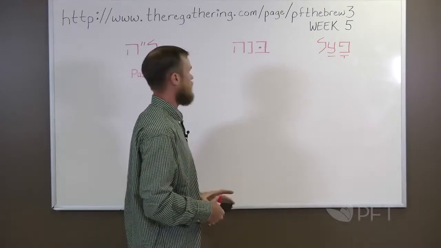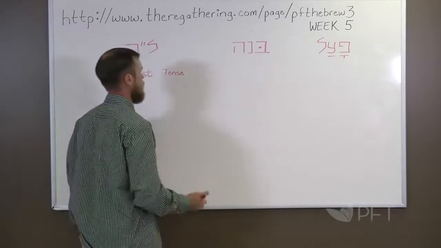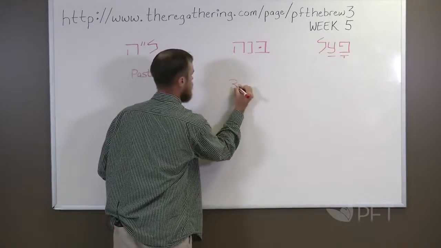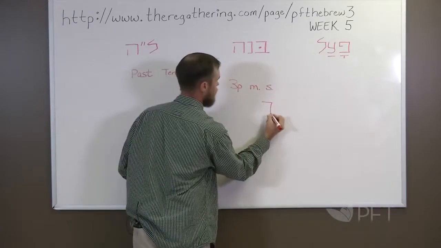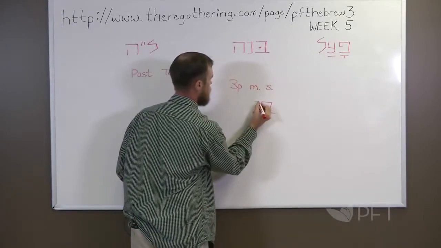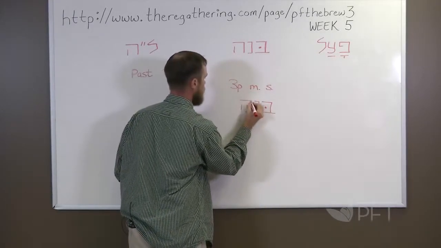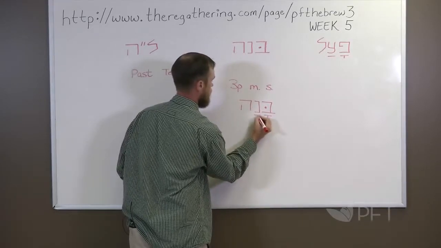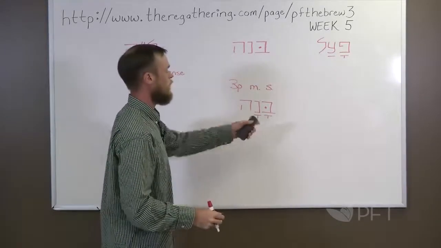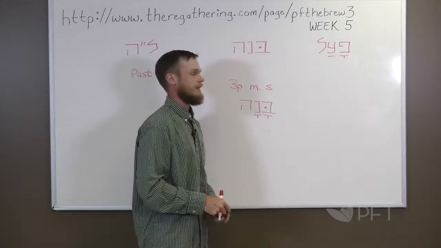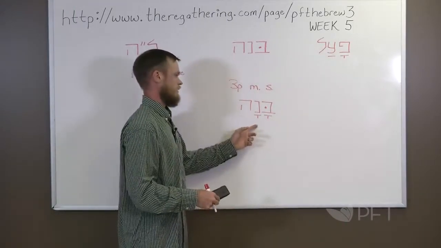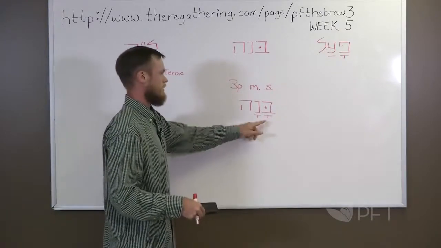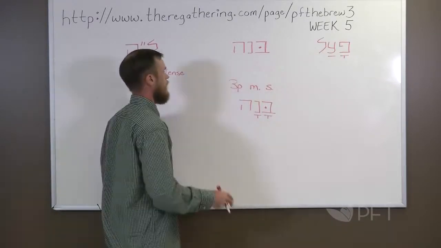And you'll notice on that conjugation sheet, third person masculine singular has nothing particularly unusual about it. Bana, hu bana, would mean he built. So kametz is our pattern.